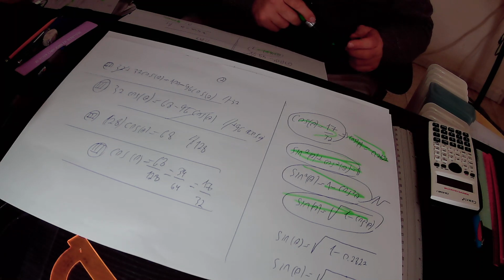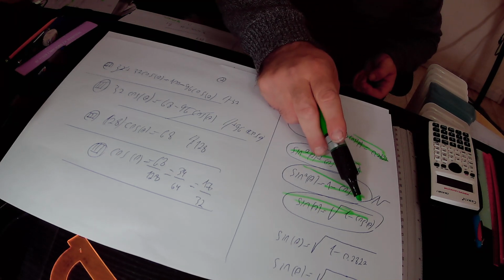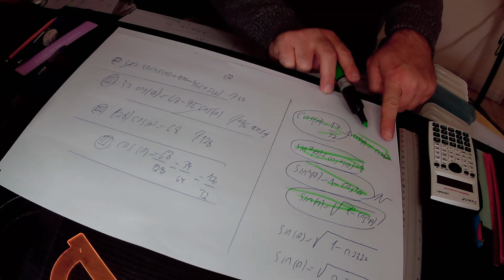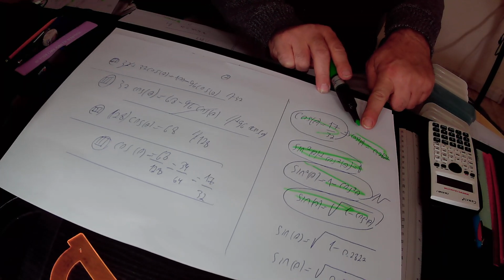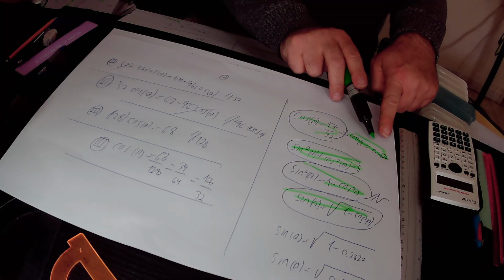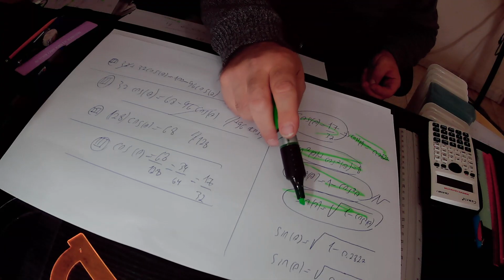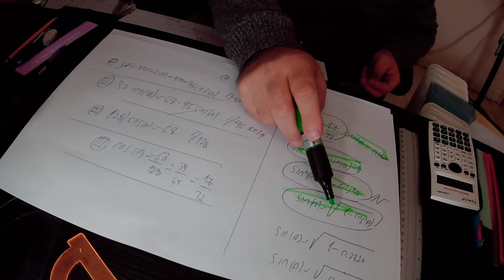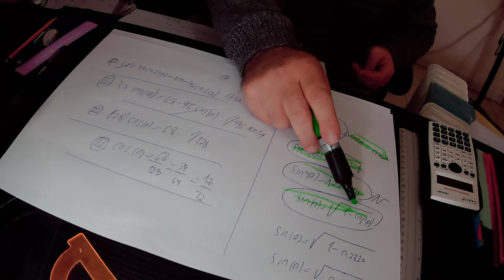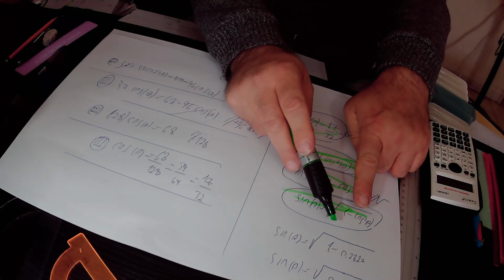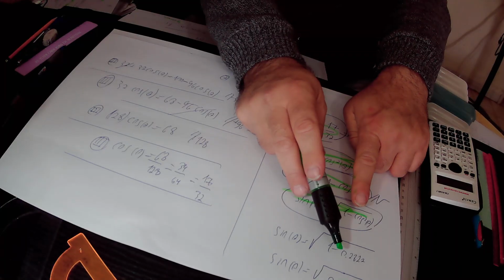So we can substitute cosine squared theta in this identity by 0.2822. We found that sin theta equals the square root of 1 minus 0.2822. 1 minus 0.2822 is 0.7177.